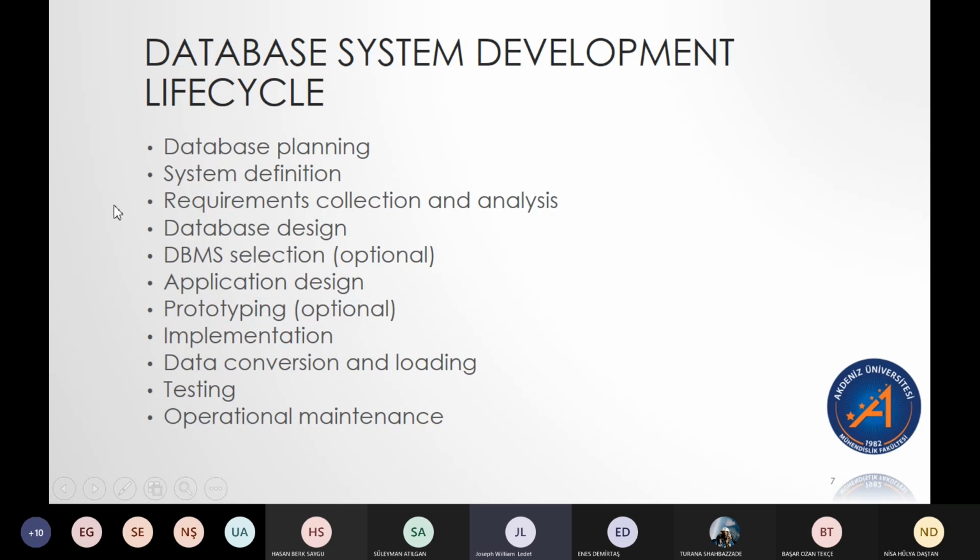It doesn't matter if there's a database or not. There are a few things, like the data conversion line item and the DBMS selection, that may apply specifically to database systems. But in terms of planning, requirements, design, implementation, testing, that's all part of any system lifecycle.